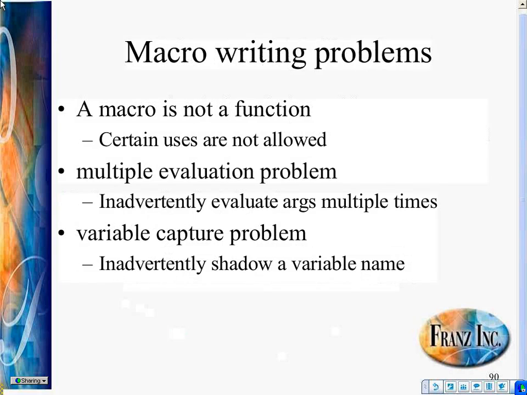Now, when you're using a macro, you have to remember that a macro is not a function. And therefore, certain things you can do with functions, like passing them as arguments to funcall or apply, can't be used with macros. And if you redefine a function, generally all the callers of the function immediately see that redefinition.